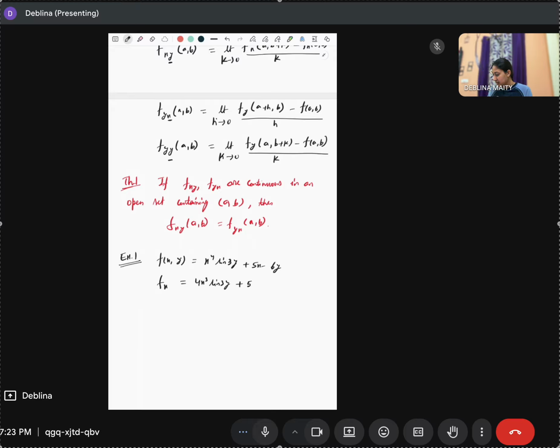For general fx at the point xy, we are just differentiating with respect to x, keeping y fixed. Y is a fixed number, arbitrary, but when we are doing the partial derivative along x, y is fixed, right?